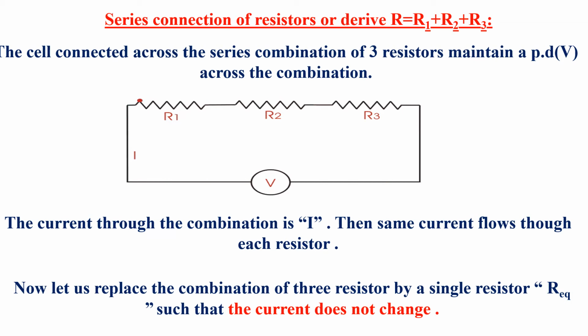We represent the total value of R1, R2, R3 as Req. Okay? Req means equivalent resistance.